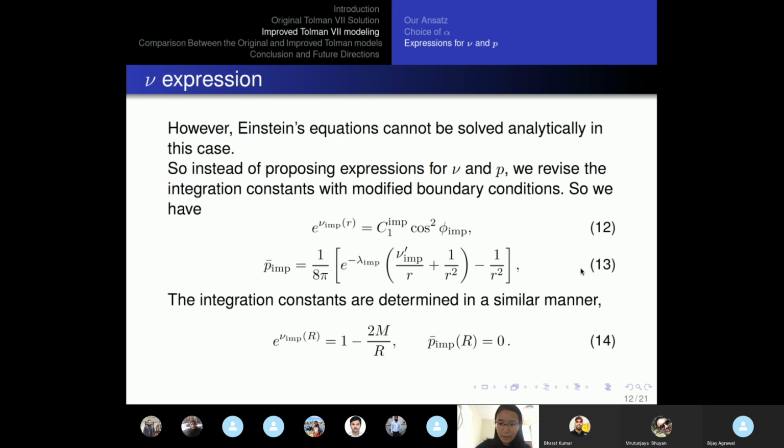But in equation 13, for the pressure, instead of the e to the minus lambda Tolman came up with, we use our improved e to the minus lambda, and we use this to find the new integration constants as in equation 14. We still use the same boundary conditions, but with different pressure and different e to the nu, and then we will have different C1 and C2.